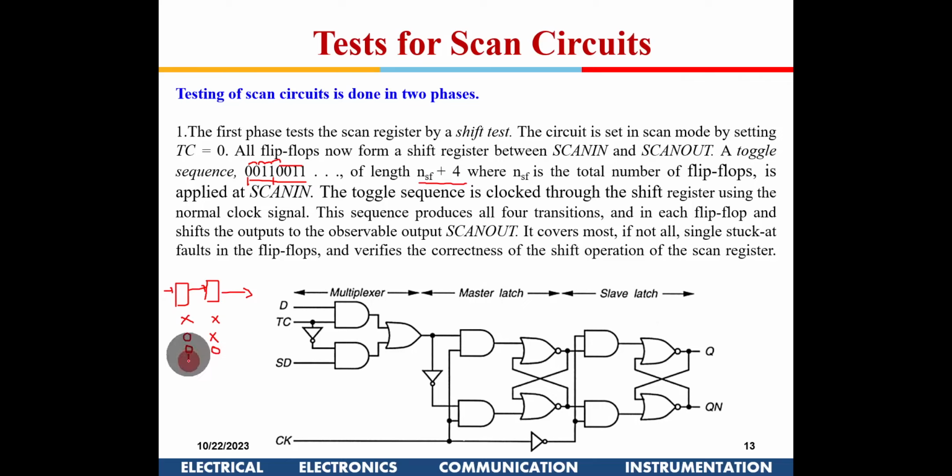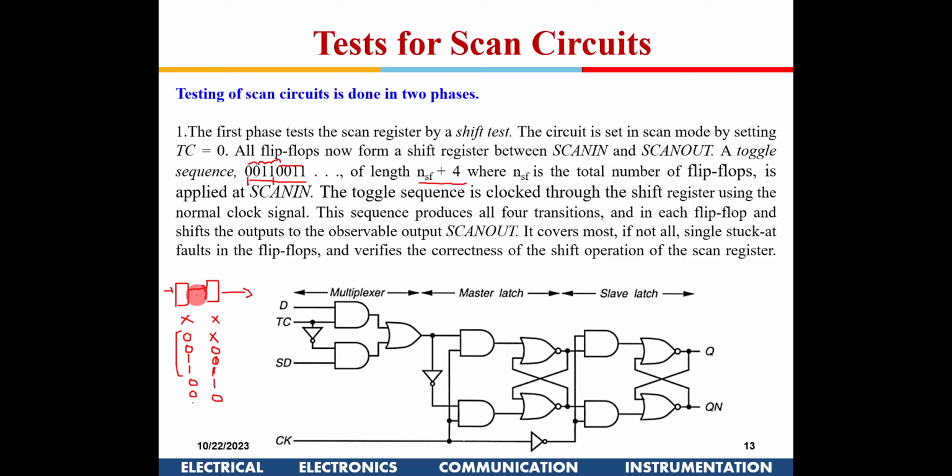In the next clock I give a 1 here, and the earlier 0 moves on. Again I give a 1 here, so this becomes 1 here. Then I give another 0 here, so a 1 will come here. I give another 0, and a 0 will come here. So this is the 0 0 1 1 pattern, and then again 0 0.